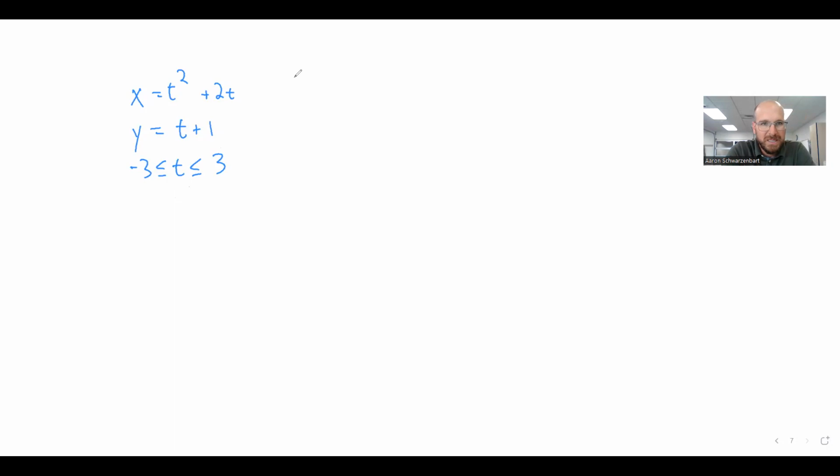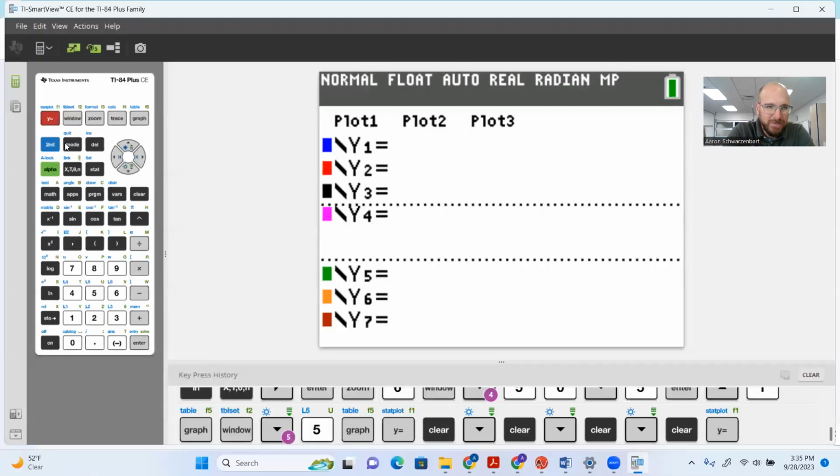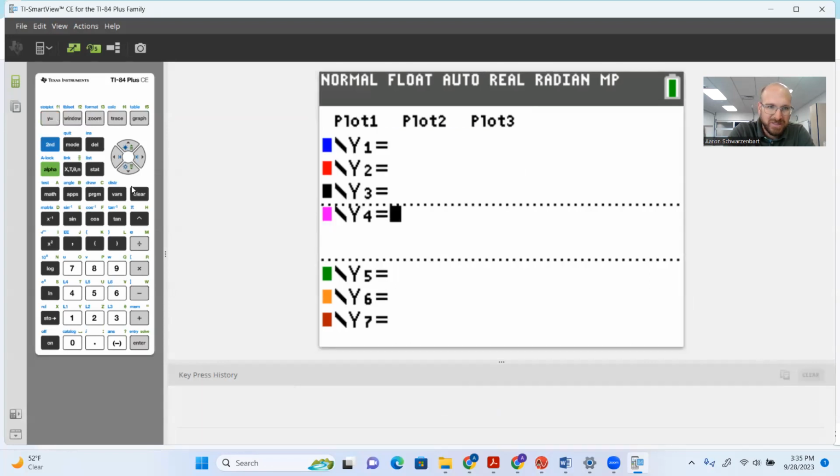So, yes, we could make a TXY table again. Or, in this case, we're going to go to the graphing calculator. And to do parametrics, first thing I need to do is go mode. I'll clear all that history so you can see it down here if you need to.